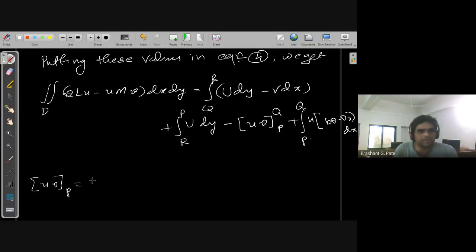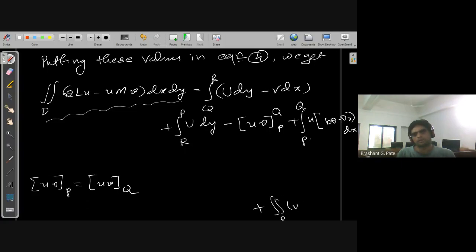So the first quantity we have is UV at Q. That is this, which is of negative sign, which goes on the other side, will have a positive sign. Plus we have this quantity which is already there on this side, that is double integration over D of (VLU minus UMV) dx dy. This is already there.